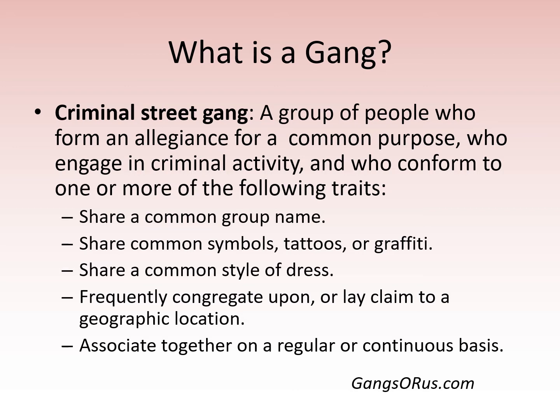They do a graffiti that will be similar to each other, so it's a common graffiti. They may share a common style of dress, have certain colors that are common amongst their group. They get together, they congregate, they lay claim to a particular geographic area, and they also meet.